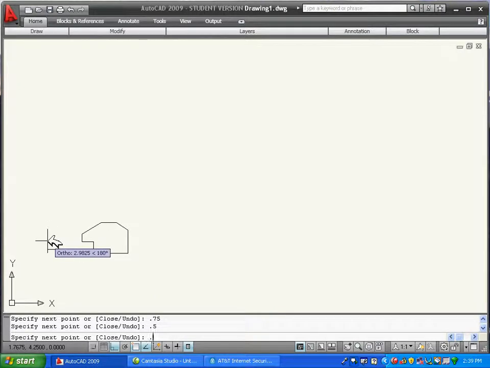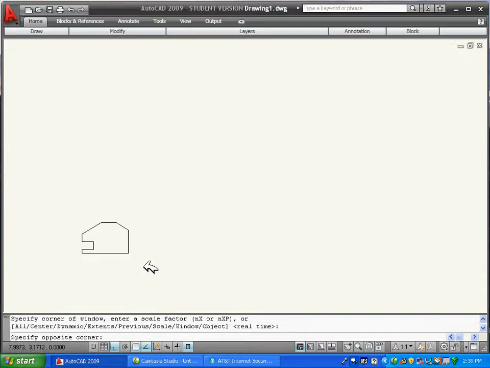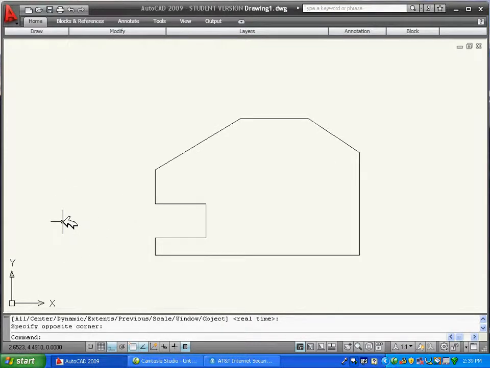Again, 0.75, and then I'm going to type C for close. Now the only time that you would use C for close is if you're doing a continuous motion. So this is actually exercise number 1, and I'm going to just zoom in a little bit, show you what it looks like. So that is an example of direct distance and relative coordinates.